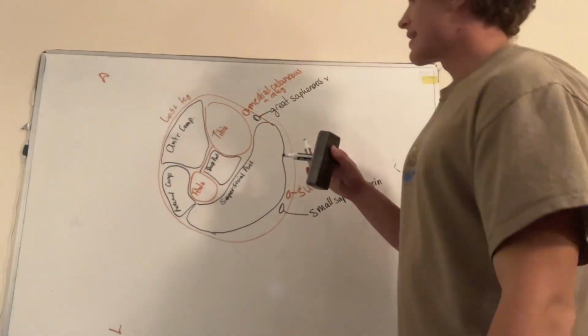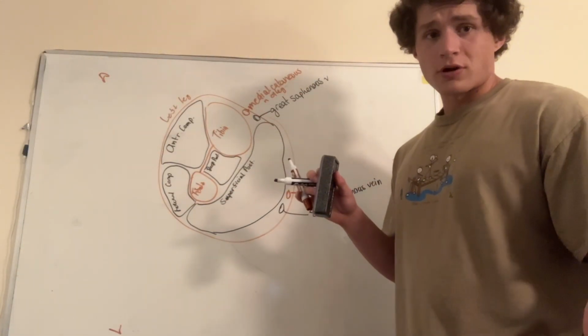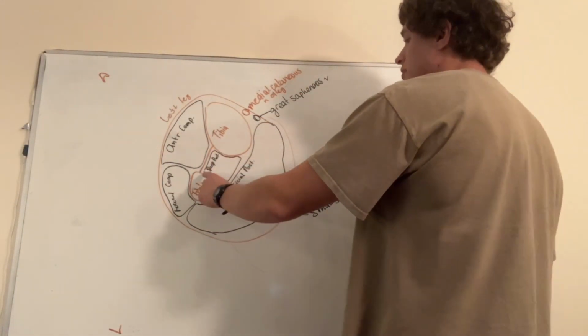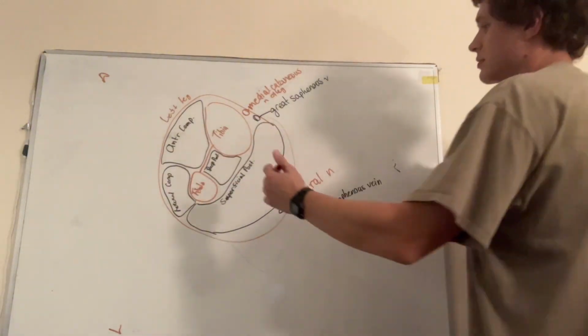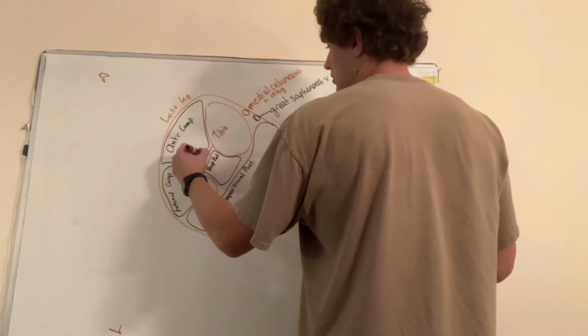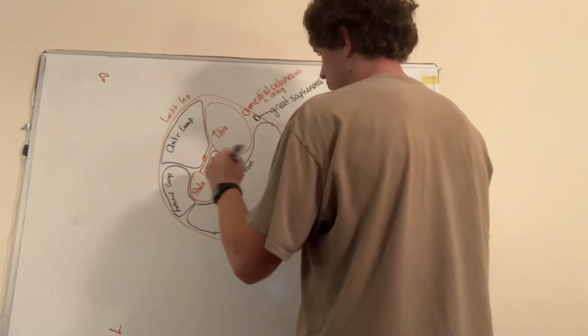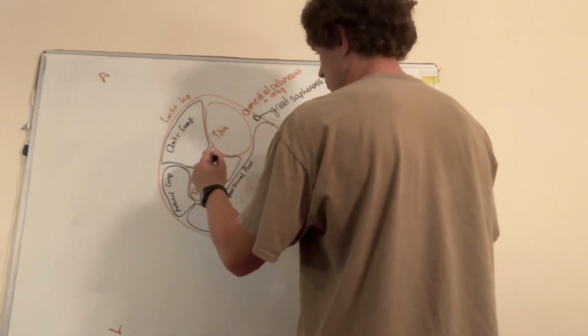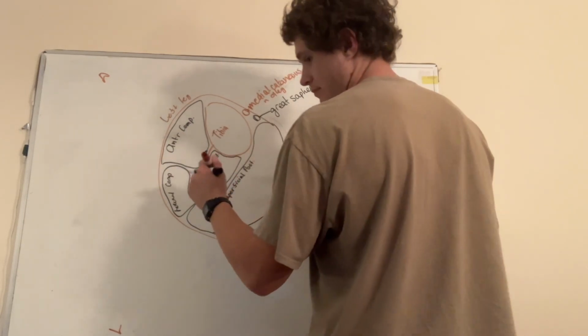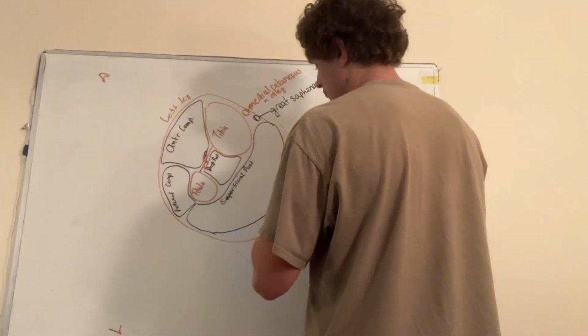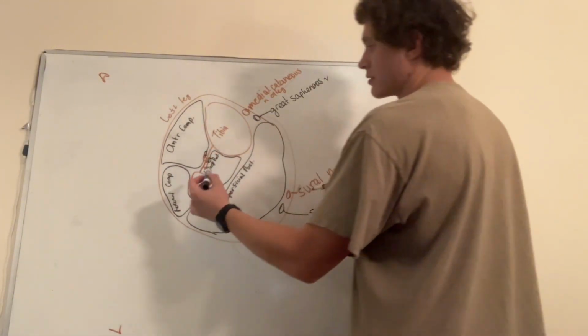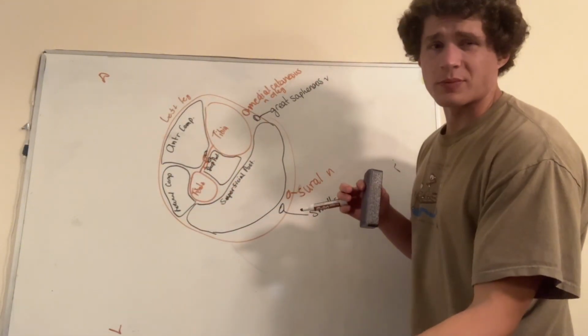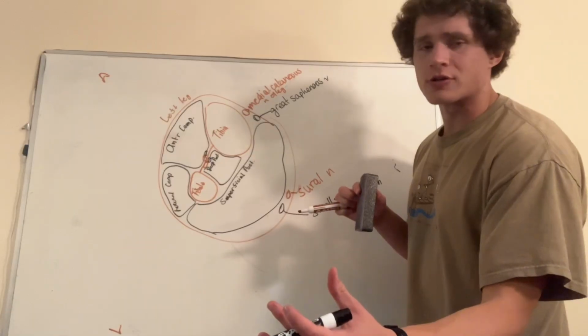So both the anterior and posterior tibial artery kind of chill here on the interosseous membrane. The interosseous membrane pretty much separates the anterior and posterior tibial artery.